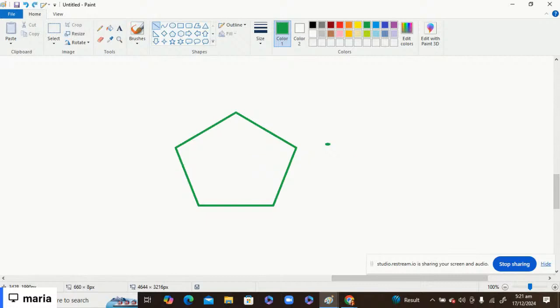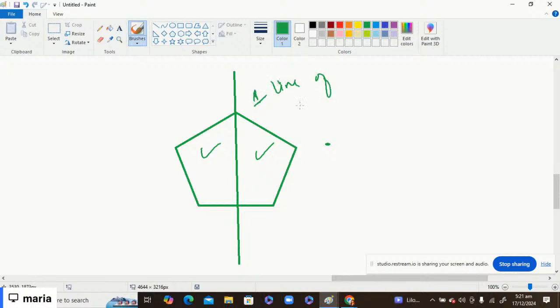No, because both parts are different. But when you cut down from top to bottom in this way, now look, both parts, look at this part and this part. These two parts are the same now, so we can say that only one line of symmetry is available. Only one line of symmetry.